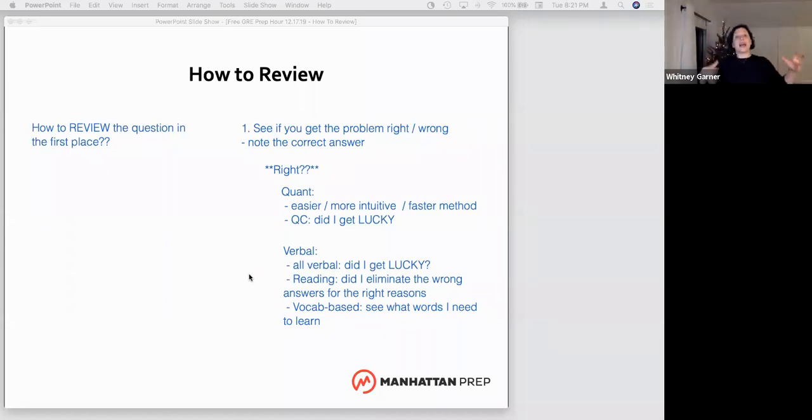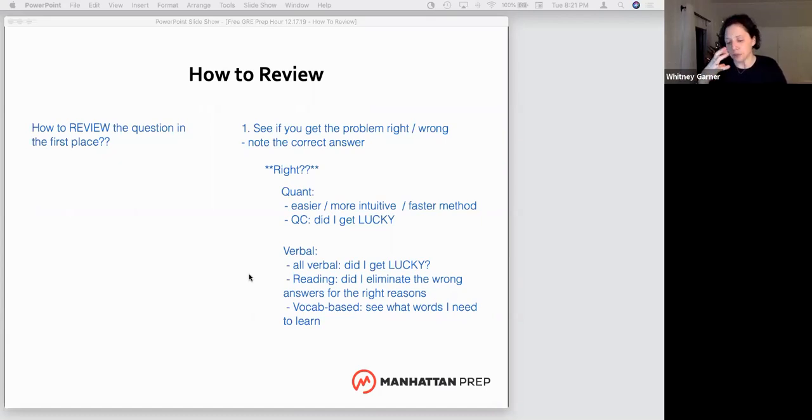So we have a lot of motivation to check our answers even when we get things right. Because what we want is to be sharp on test day. And luck is not sharp. Luck is squishy. Luck is fickle. It comes and it goes.